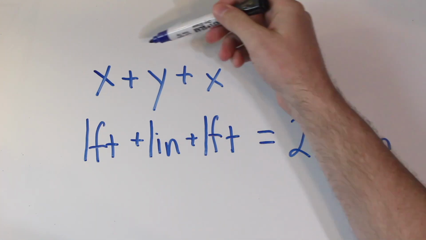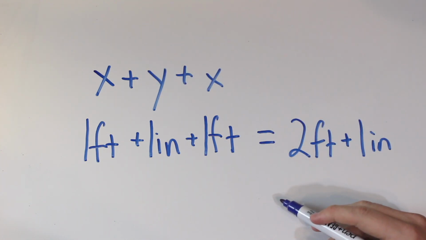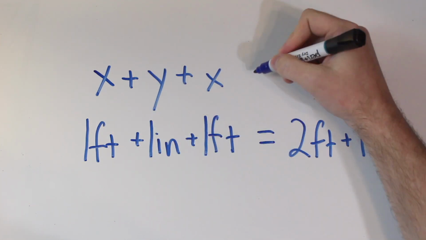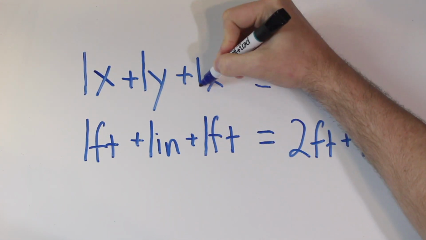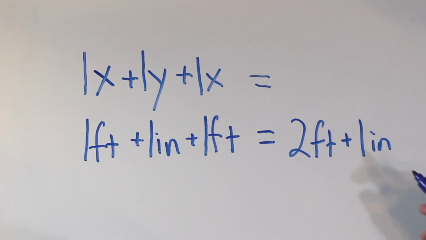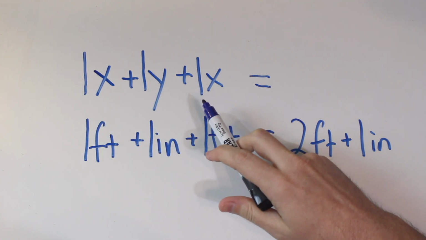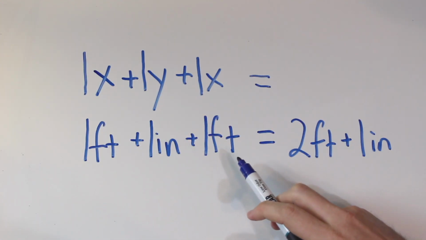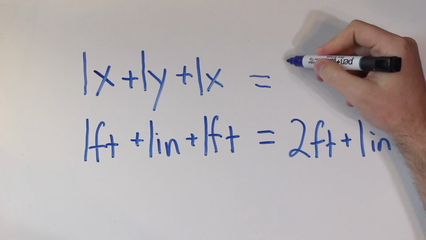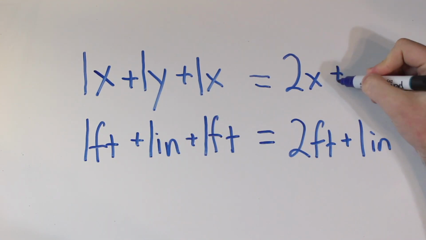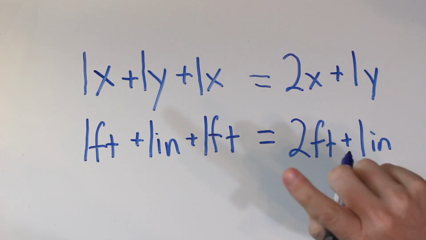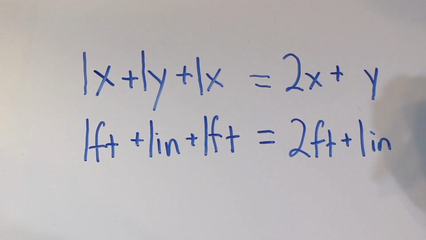Let's apply this to our problem. x plus y plus x is the same as 1x plus 1y plus 1x. 1x and 1x can combine, just like 1 foot and 1 foot combined. It becomes 2x. So our answer is 2x plus 1y, or simply 2x plus y.